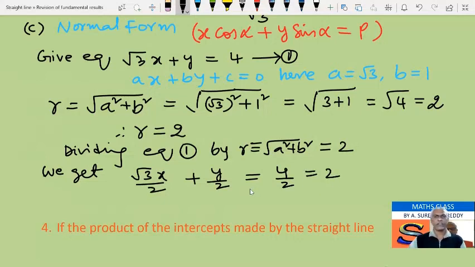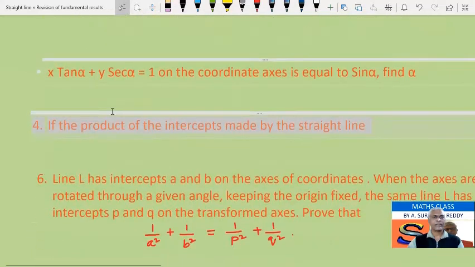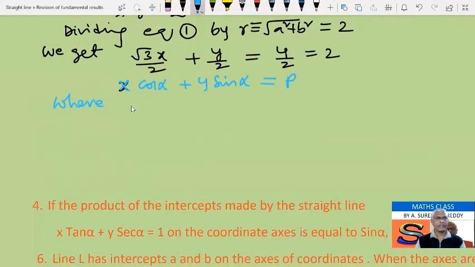Now comparing this with the standard normal form x cos alpha plus y sin alpha is equal to p, where cos alpha value is root 3 by 2 and sin alpha value is 1 by 2.